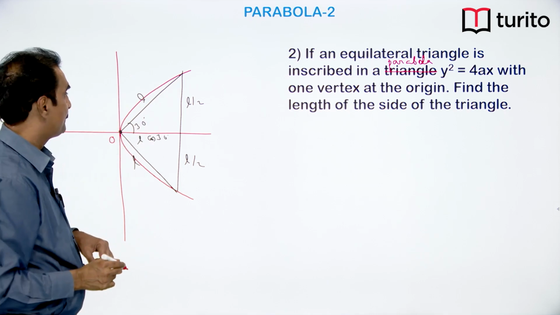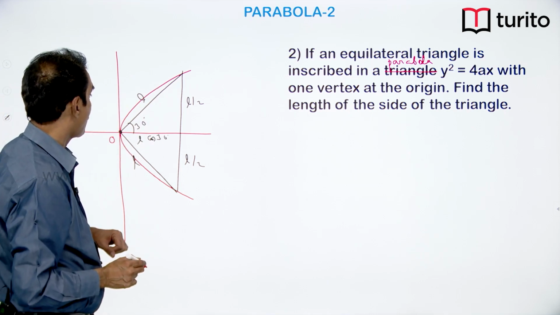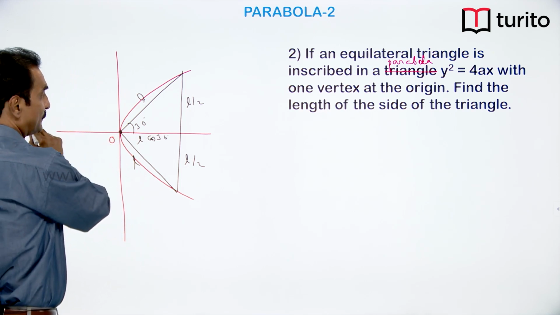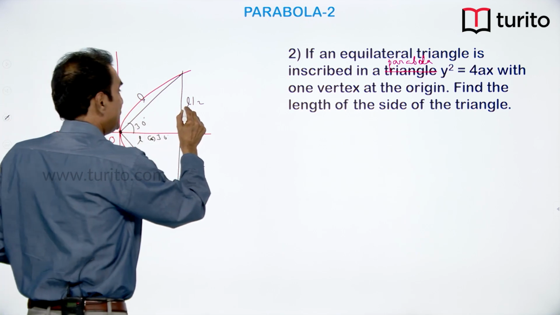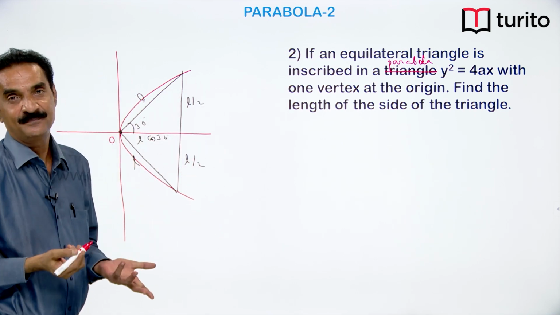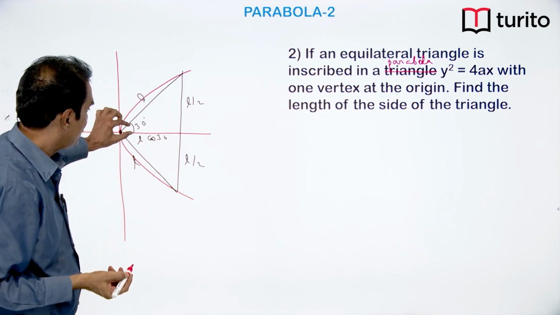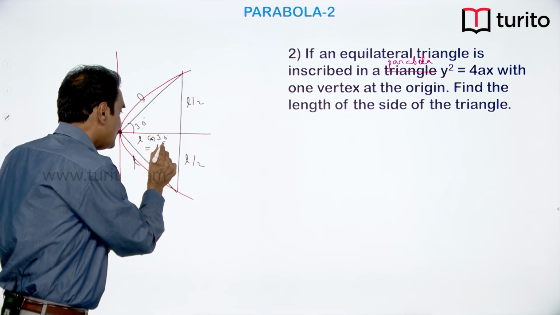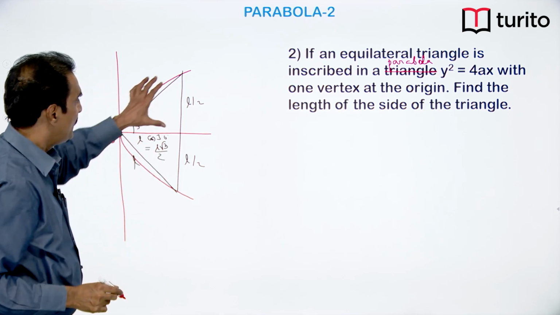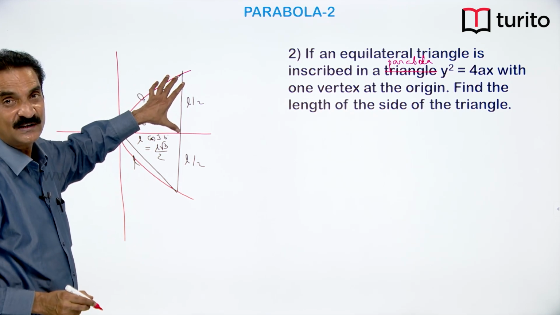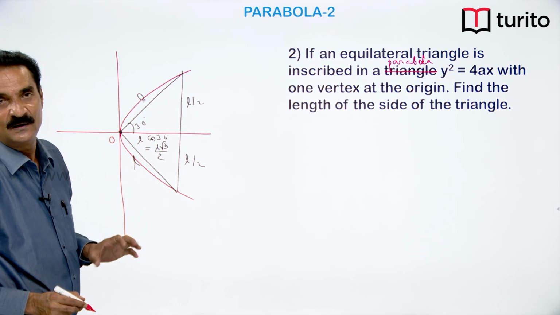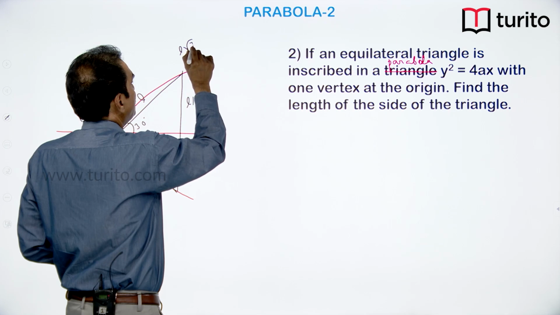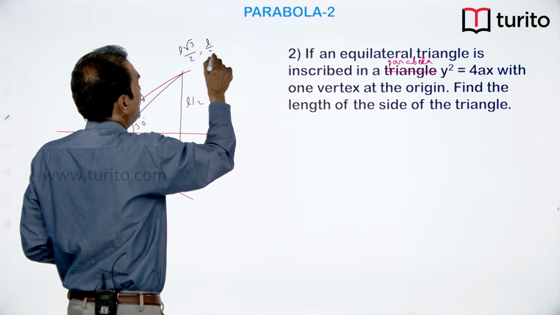Opposite side will be L sin 30 degrees, that is L by 2 only. What is L cos 30? L root 3 by 2. So, the coordinates of this point will be x coordinate L root 3 by 2, y coordinate L by 2.